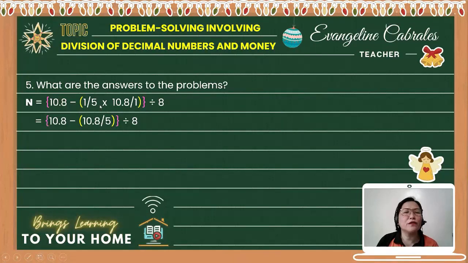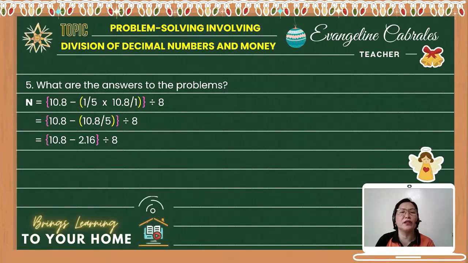So, 1/5 times 10.8 over 1 is 10.8 over 5. And then, 10.8 over 5 or 10.8 divided by 5. Yan ang ibig sabihin yan. Hindi ba itong linya na ito, nangangahulugan din yan ng divided by or division. So, ang sagot ay 2.16. So, 10.8 minus 2.16, divided by 8.